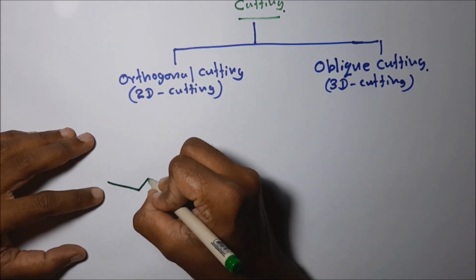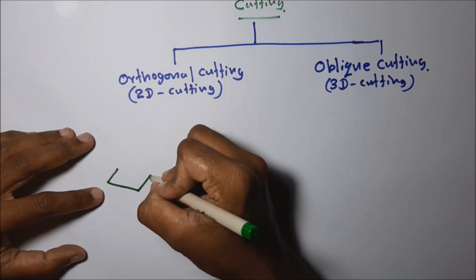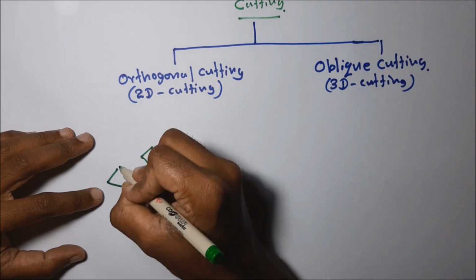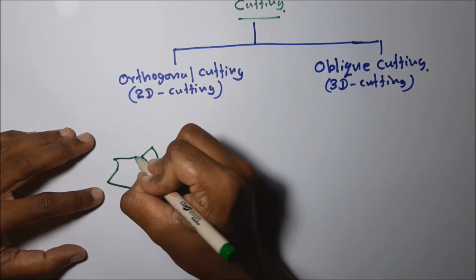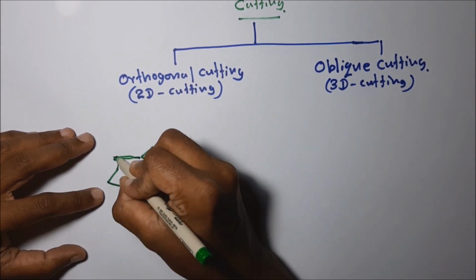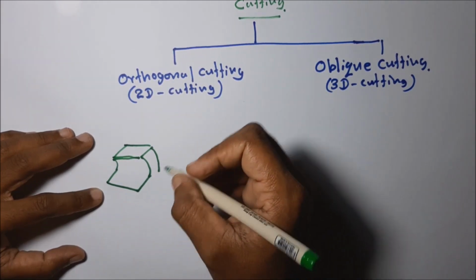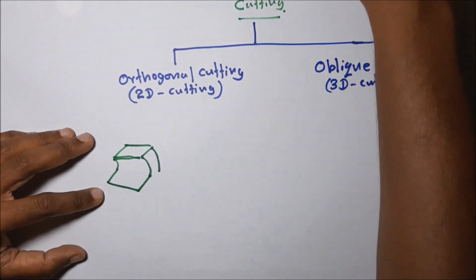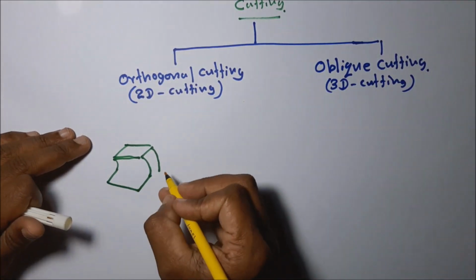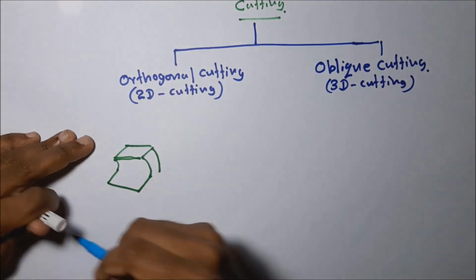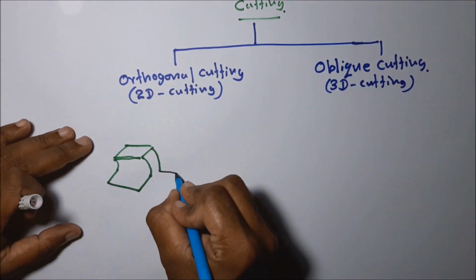Okay, let's take this kind of a workpiece. Here the removing chip in the metal cutting operation. Then let's take the cutter. This is the cutter.